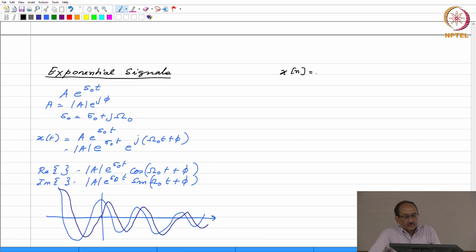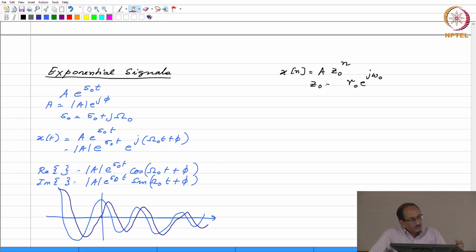x of n, which is A times z naught to the n, and A is the same as before, magnitude times e to the j phi. z naught is again a complex number, and z naught is r naught e to the j omega naught.